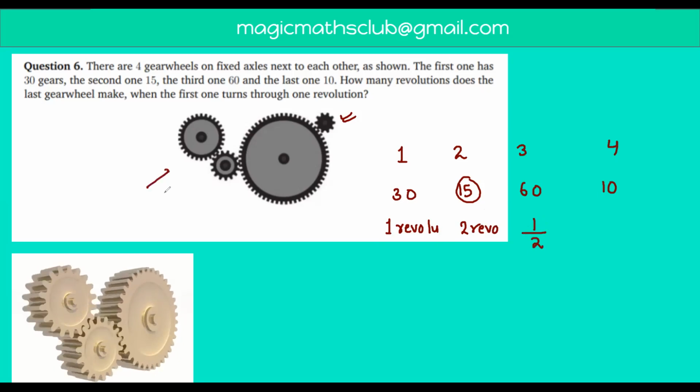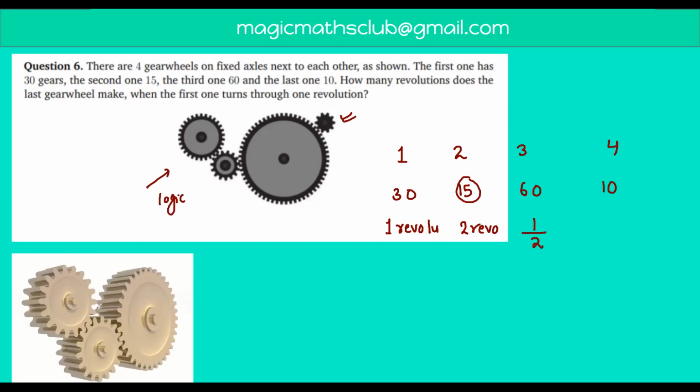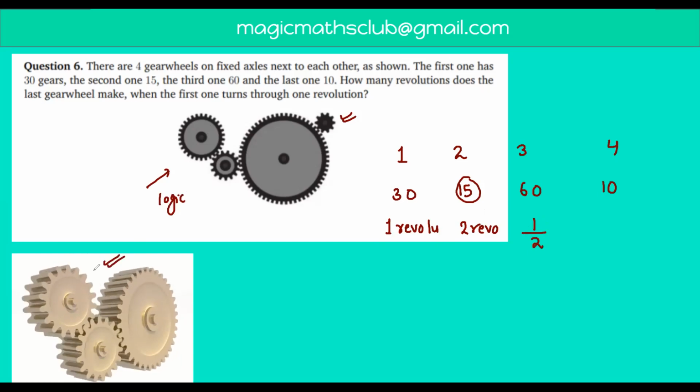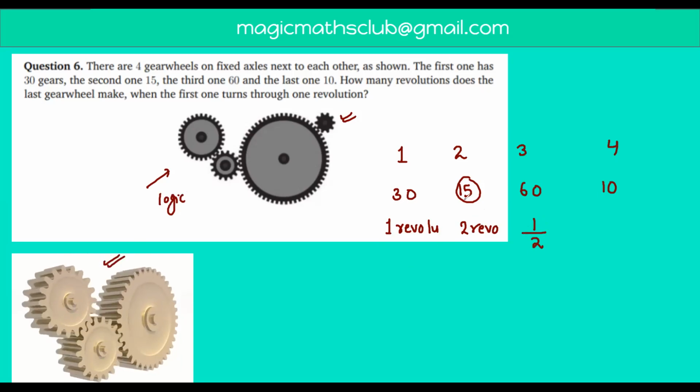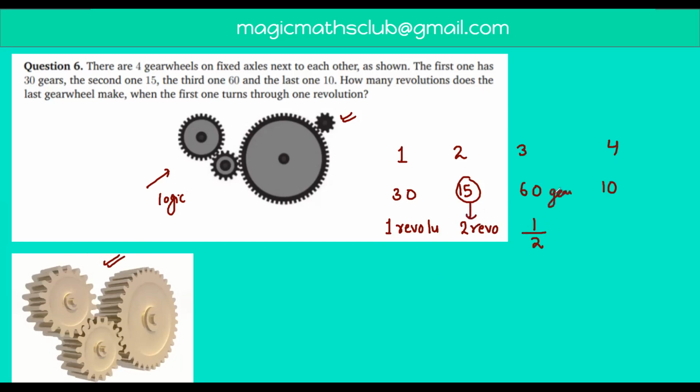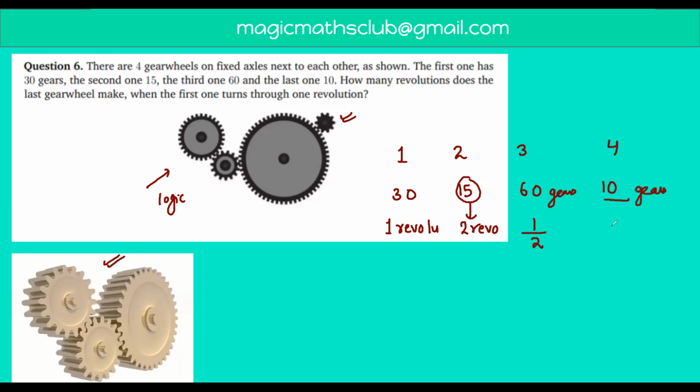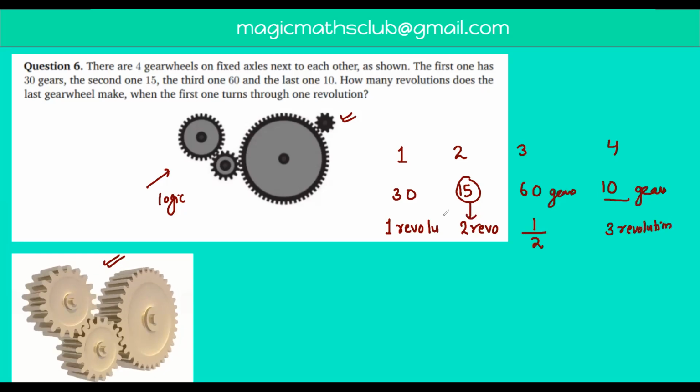That is the logic of physics: you can see in this animated picture, the more the number of gears, the less the movement. So with fewer gears, 2 revolutions; 60 gears, half a revolution. So with 10 gears, it will be 3 revolutions, right? Because it's inversely proportional. The more gears, the fewer revolutions.